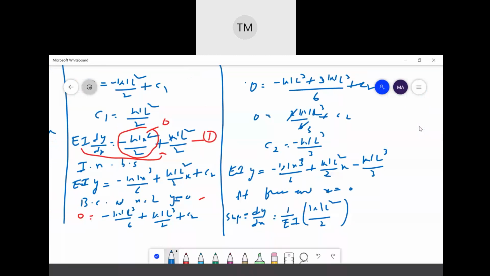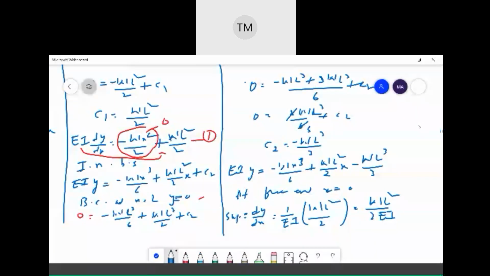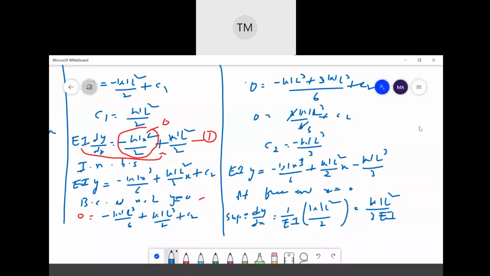The slope at free end will be WL square by 2EI. This is the standard formula. If you have a simply supported beam with a point load at the free end, and you want to calculate the slope, directly you can substitute in this formula, you will get a slope.